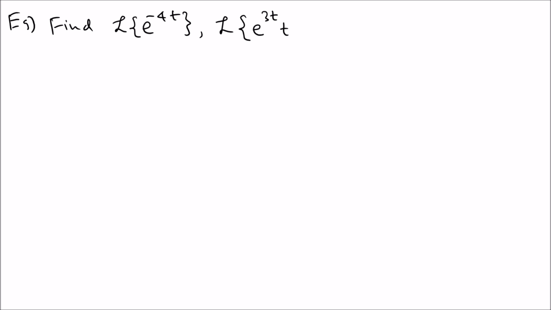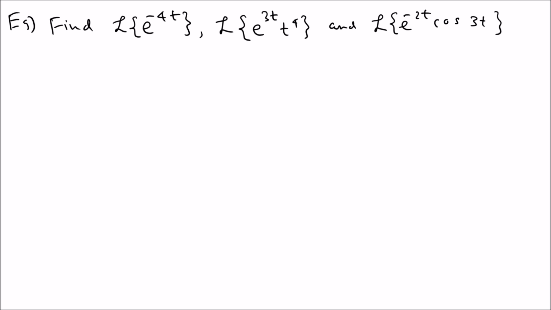Example: find the Laplace transform of e to the minus 4t, the Laplace transform of e to the 3t times t to the 4th power, and then the Laplace transform of e to the minus 2t cosine 3t.